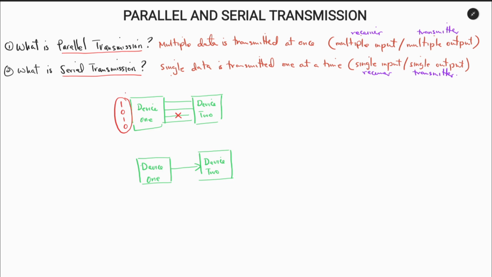If this information is transmitted to the receiver, we should have 1 0 and a question mark and 0, where this question mark is our error, and this error only occurs when there is a break in the parallel transmission line.